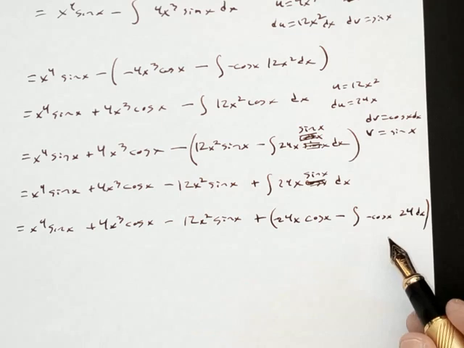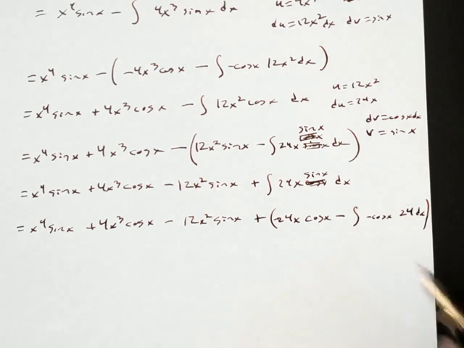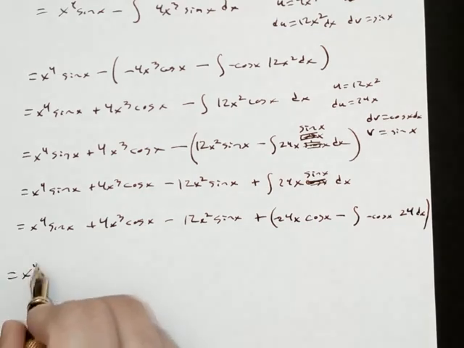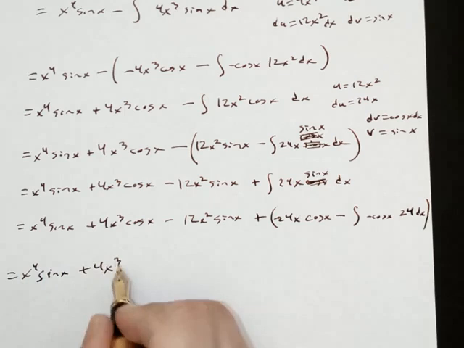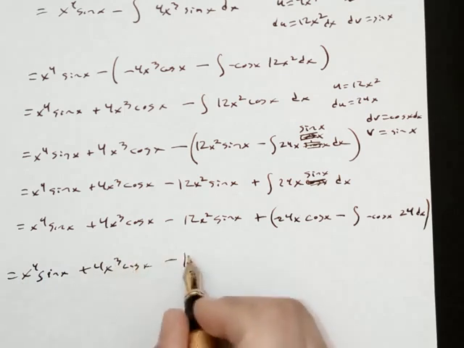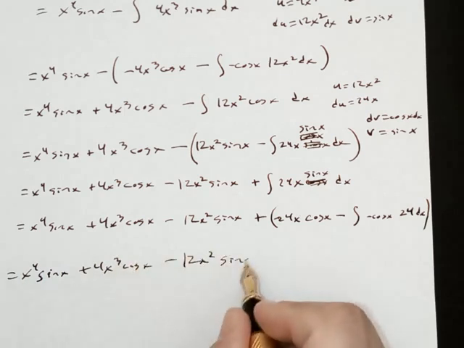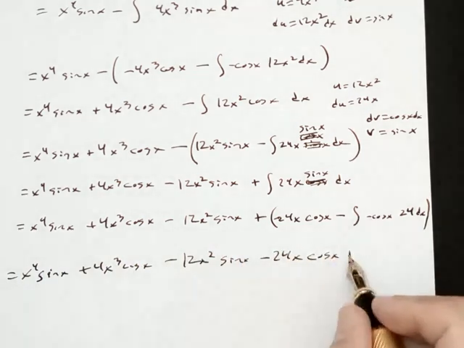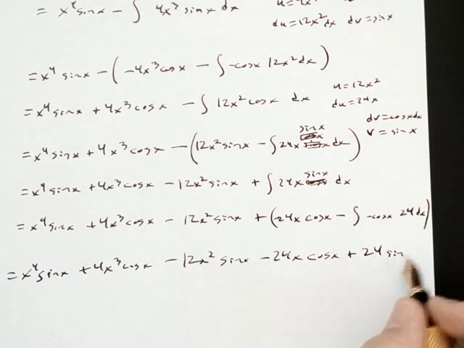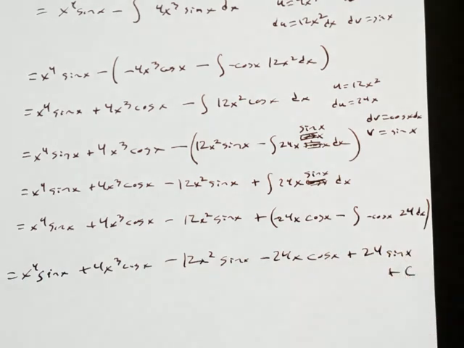Minus a minus becomes plus. What's the integral of cosine? Hallelujah. x to the fourth sine x plus 4x cubed cosine x minus 12x squared sine x minus 24x cosine x plus 24 sine x plus c.